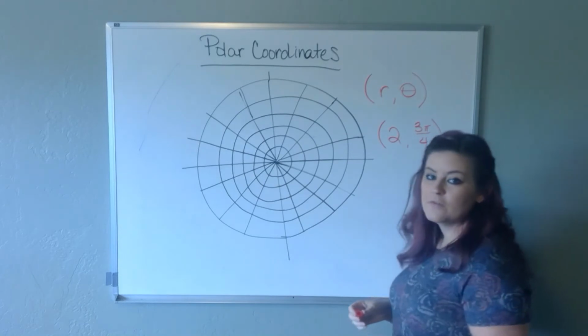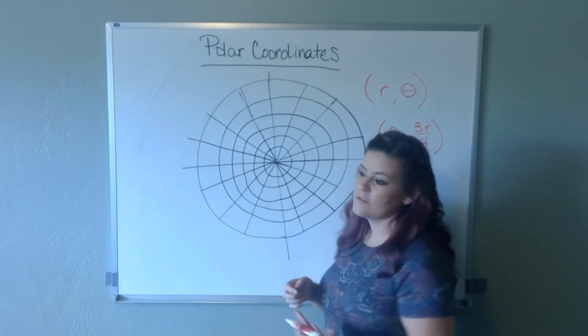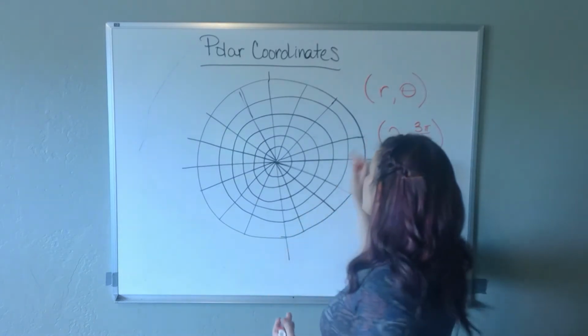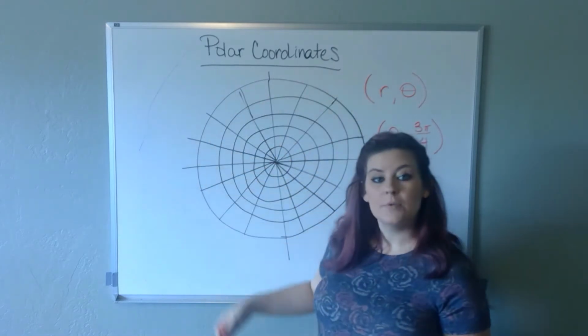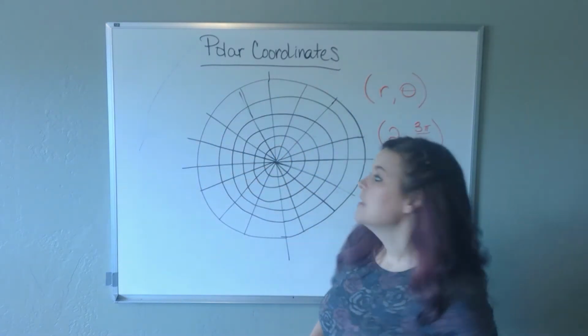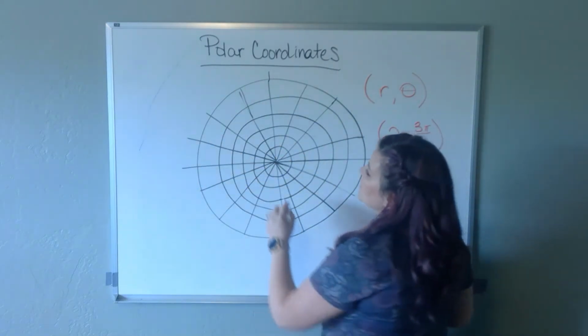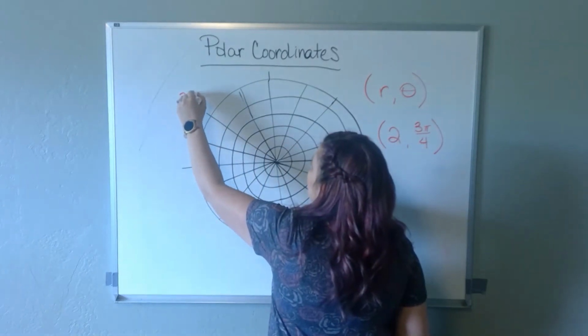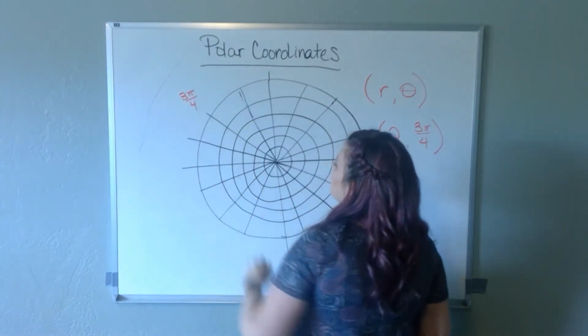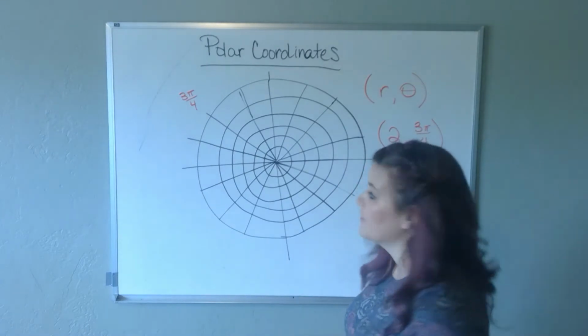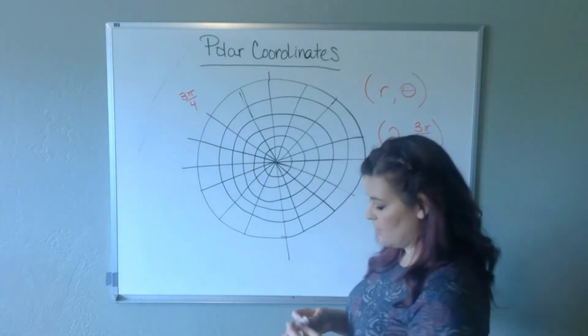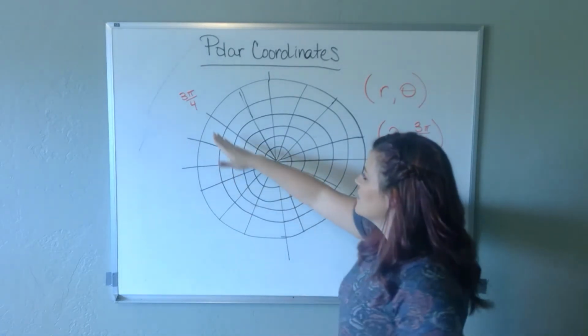So 3 pi over 4, and you can consult your unit circle on this if you need to, because these values aren't always labeled on the polar coordinate system. But 3 pi over 4 is right here. It's the 135-degree mark. It's over in the second quadrant. So I found the angle.